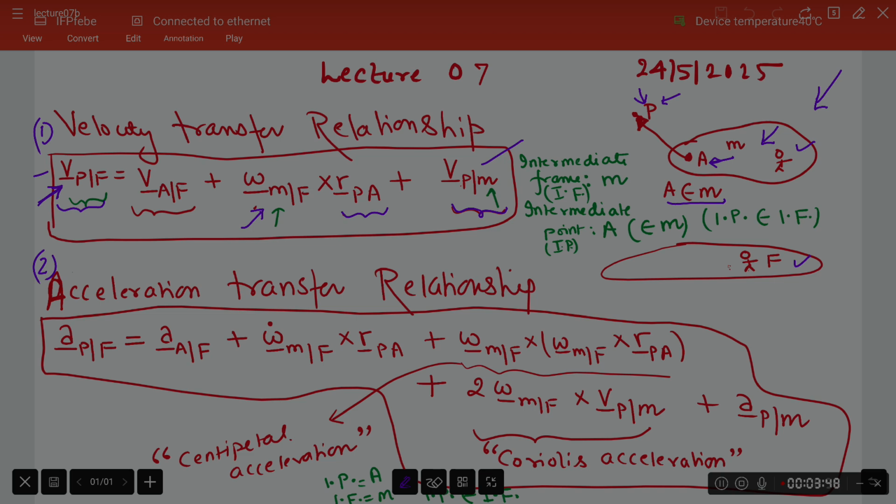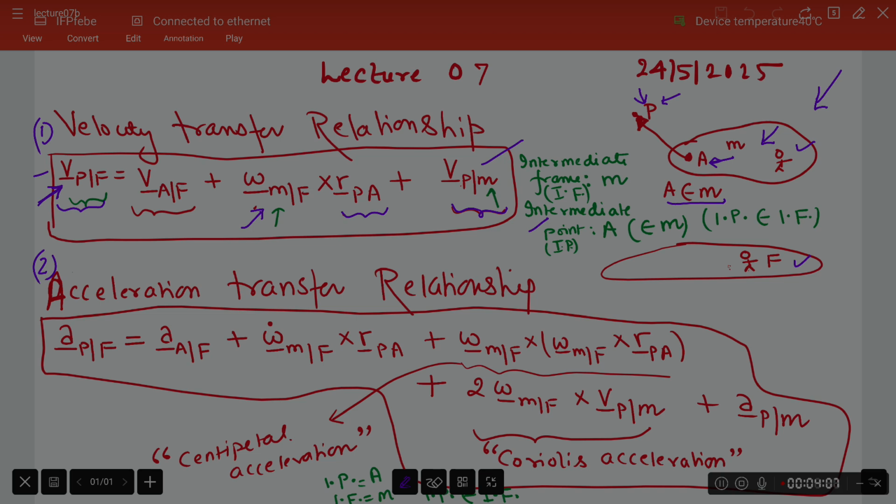Just like we call the frame M the intermediate frame, we would like to call this point A the intermediate point.